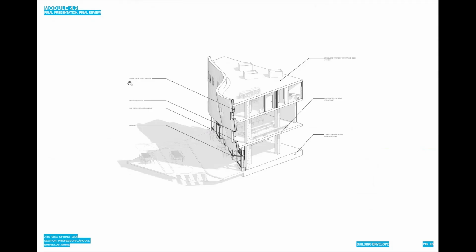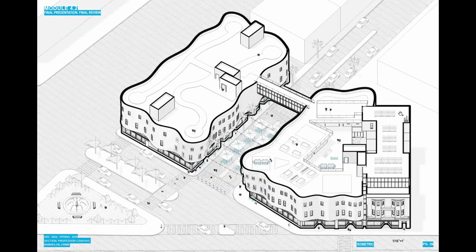Building envelope, so going with terracotta track system. Windows with shrouds in some areas, as well as high performance glazing, masonry at the street level, rigid diaphragm mat, concrete slab, and a low slope TPO roof with a deck system.